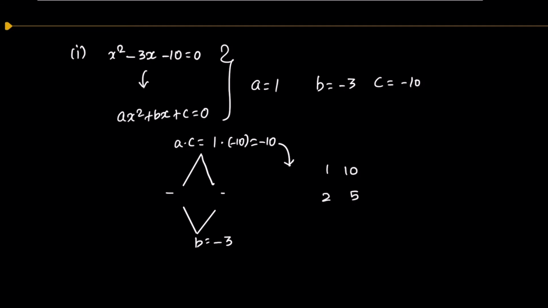Then 2 and 5, yes, it is possible to get 3. We need a minus 3, so minus 5 and positive 2. Minus 5 times 2 is equal to minus 10, and minus 5 plus 2 is equal to minus 3.